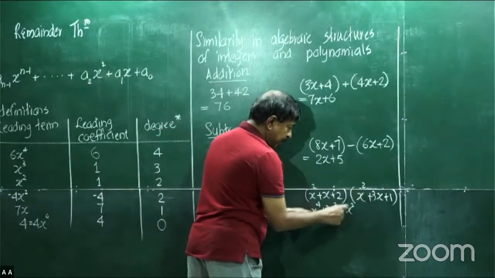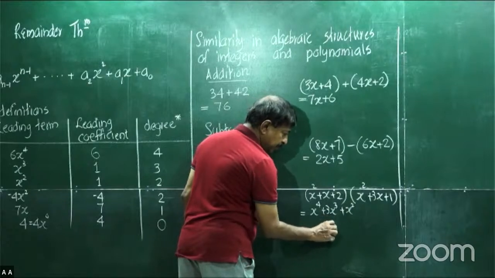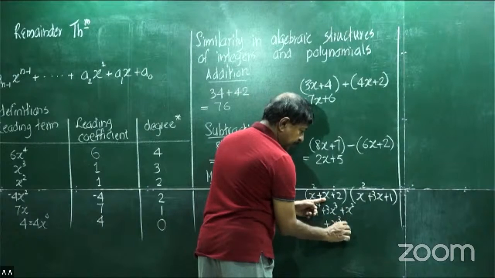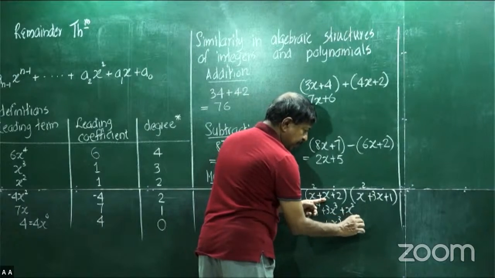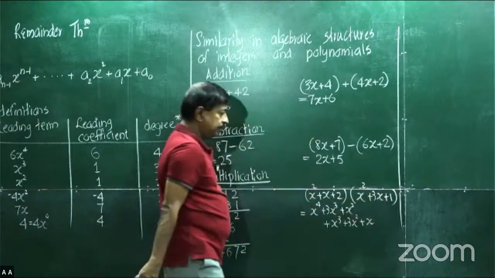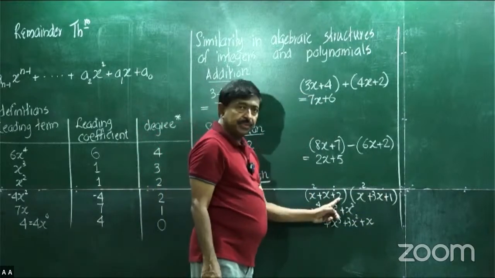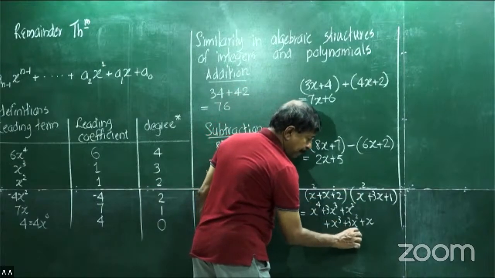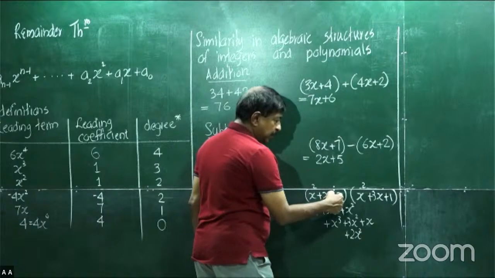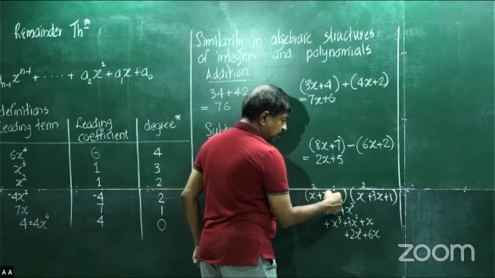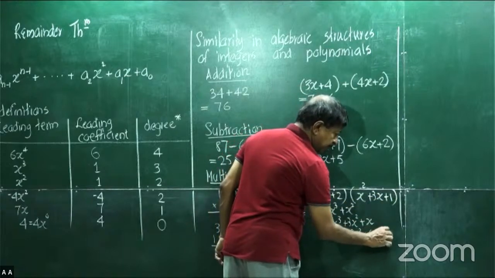x times x squared, x cubed. x times 3x, you get 3x squared. x times 1, x. Now 2 times x squared, 2x squared. 2 times 3x, 6x. 2 times 1, 2.